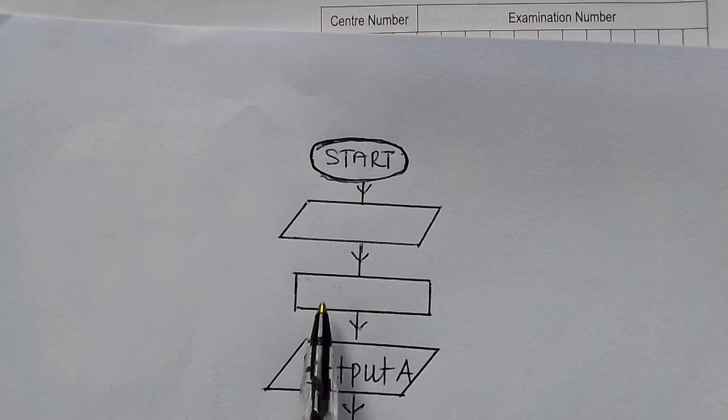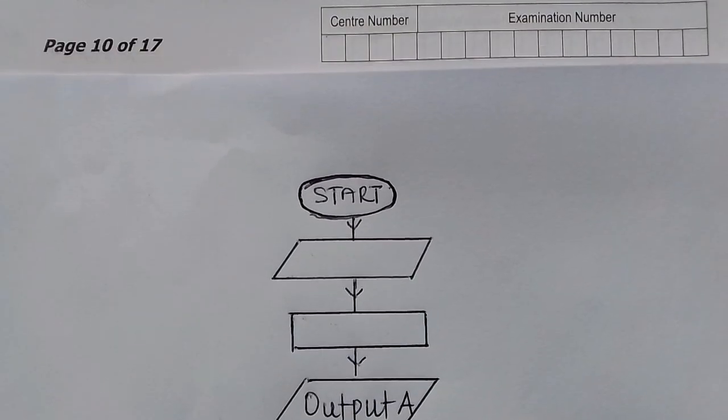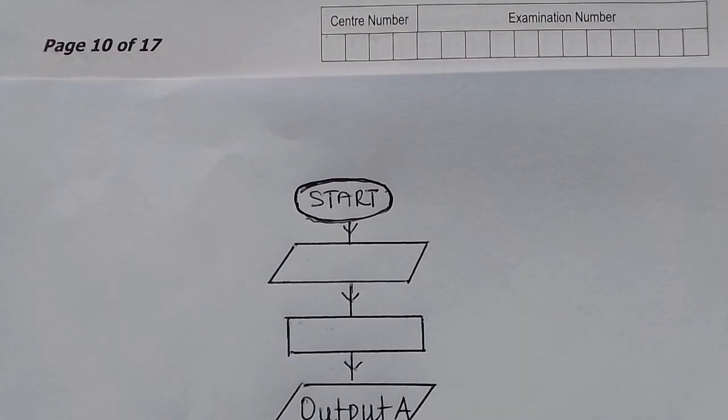In the action box, what we're going to put is the formula for calculating the curved surface area of a cylinder. So first of all, let's remember the formula. We want to remind ourselves about how we calculate the curved surface area of a cylinder.